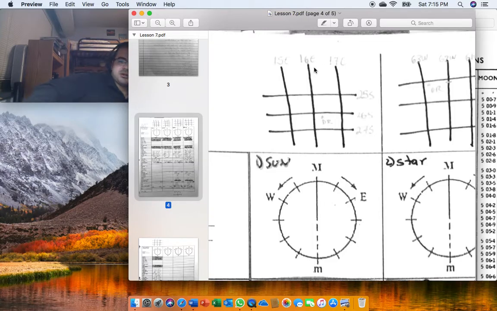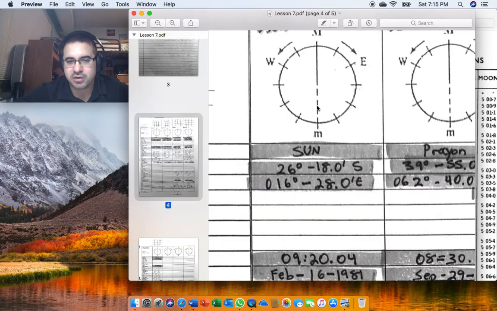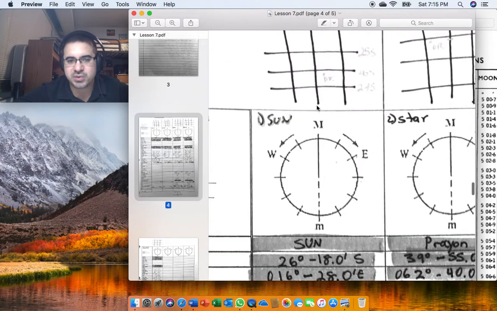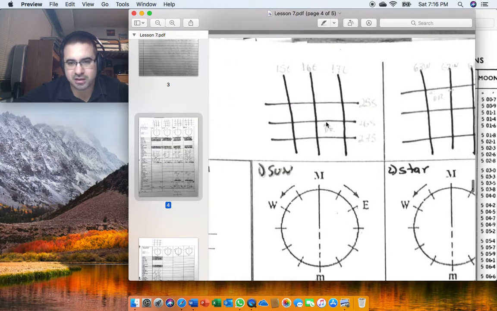So you're going to go 16. Remember, Greenwich is here. 15, 16, 17, and it's still 28. So it's right on the brink of being on this side, but it's still on this side, right?